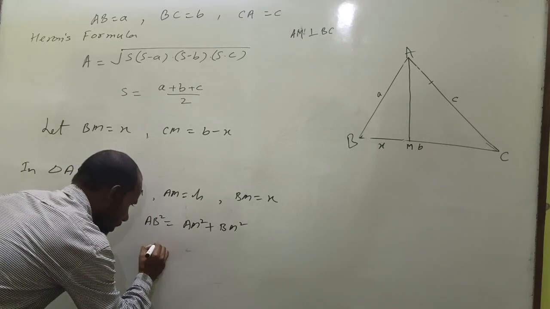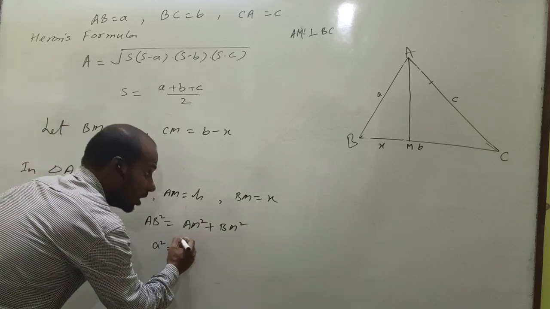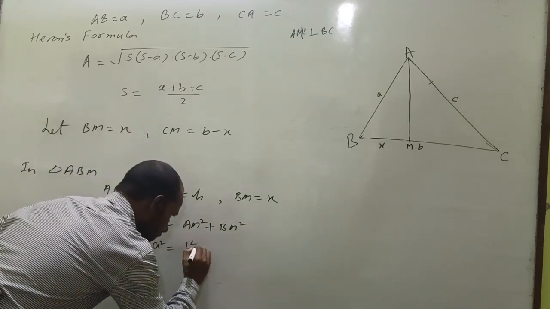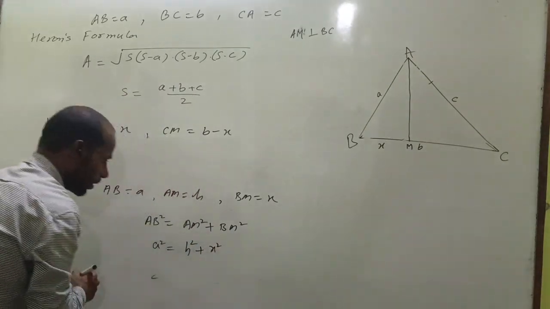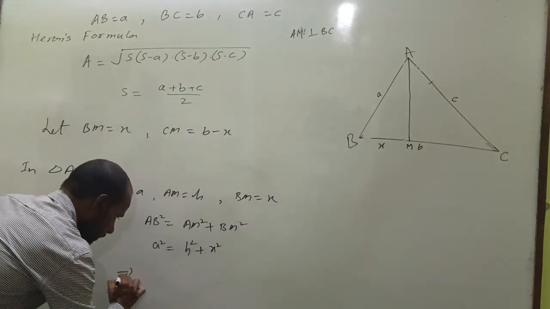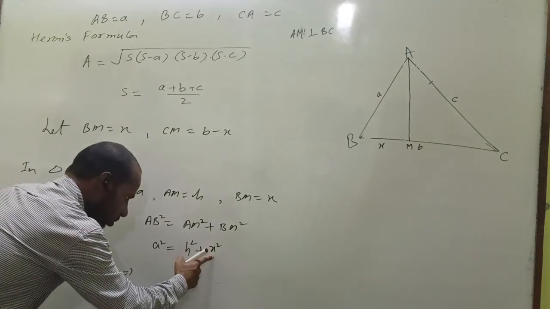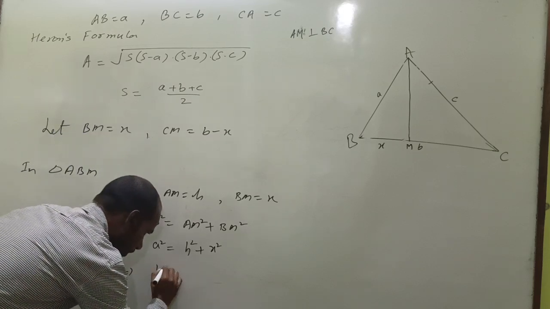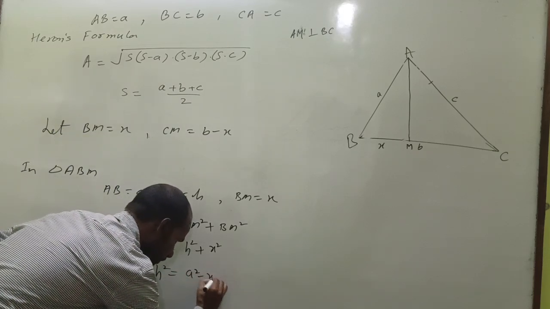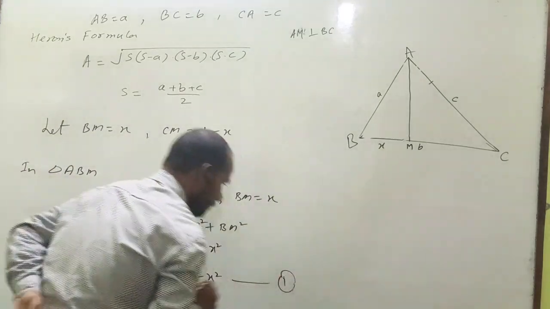AB is equal to A, and AM is equal to H, that will become H square. BM is equal to X, that is X square. Now find the value of H square from here. Then you have to send this term to this side. Then the value of H square is equal to A square minus X square. Let this be equation number 1.